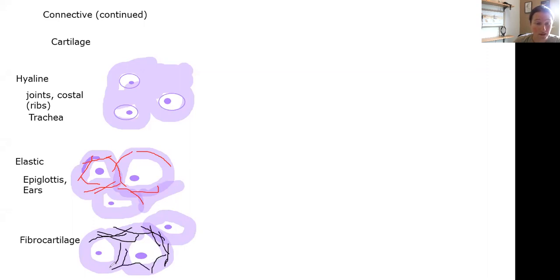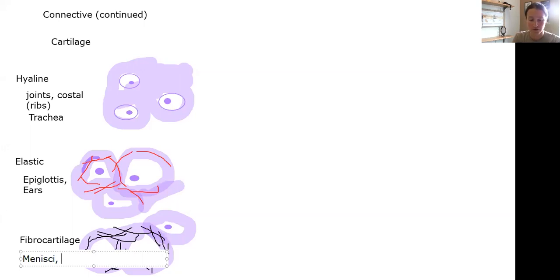We would see this type of tissue in places that get a lot of wear and tear, for example, the menisci of your knee. These nice cushions get torn a lot.